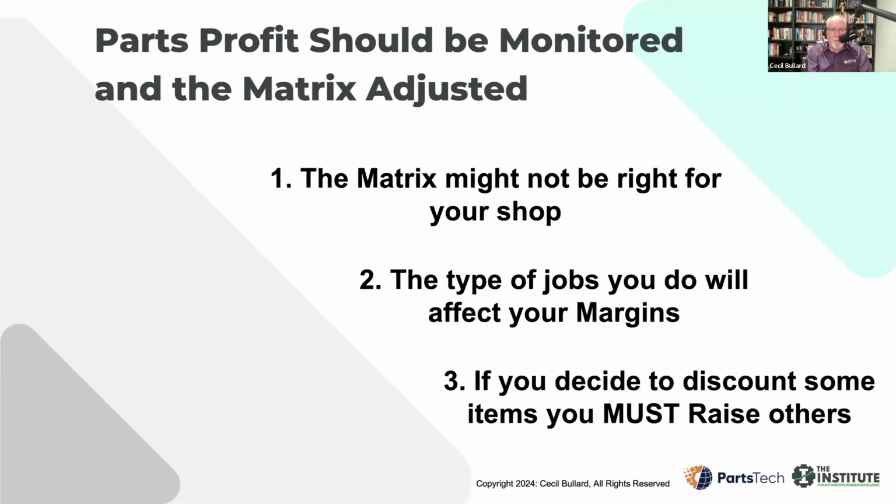And then I get a $4 oil filter and I'm okay to sell that for $8, but I get a $4,000 engine and I'll never sell it for 8,000. I'll sell a $4,000 engine for maybe 5,000 or maybe 4,800, but I'll never sell it for 8,000.